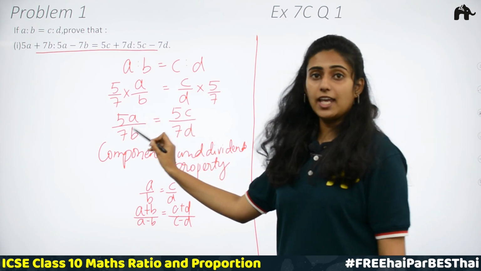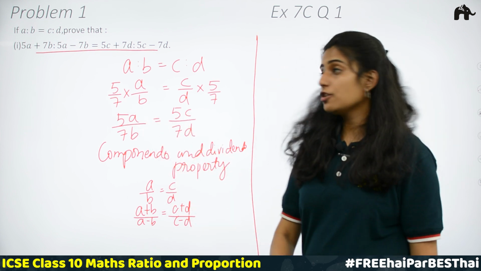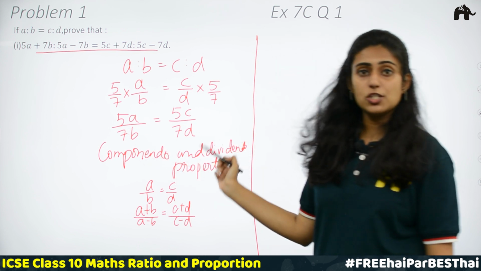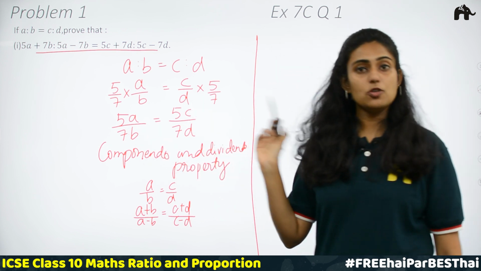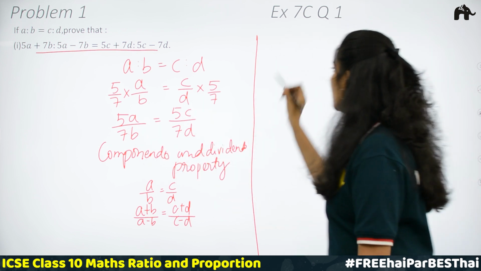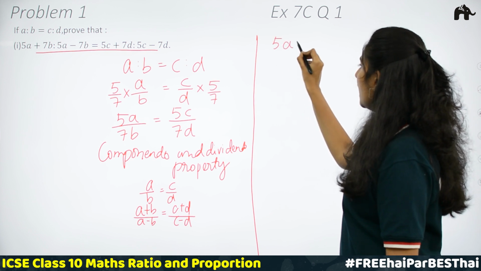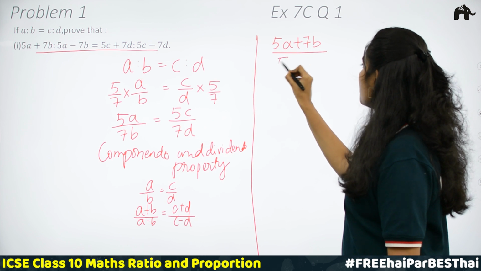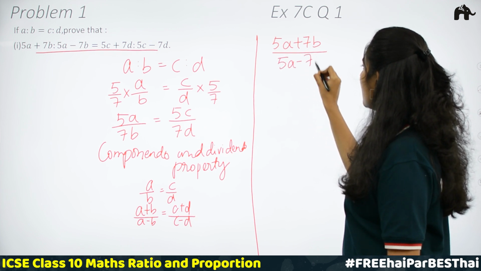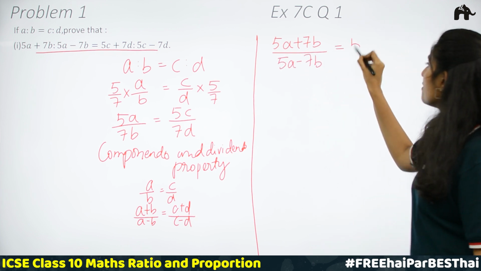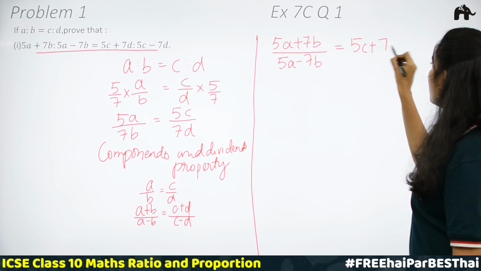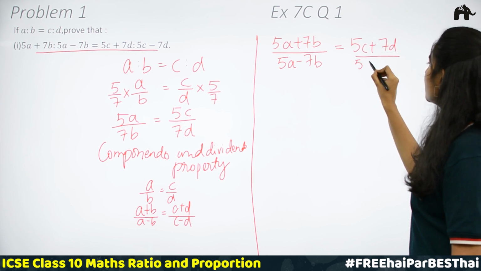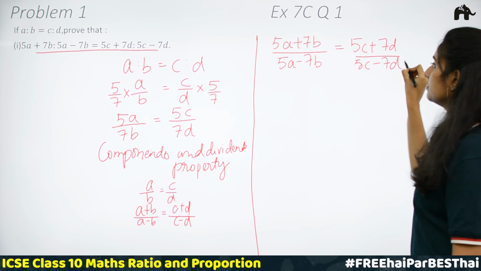In the position of A we have 5A, in position of B it is 7B, position of C 5C, position of D 7D. That is 5A plus 7B divided by 5A minus 7B is equal to 5C plus 7D divided by 5C minus 7D.